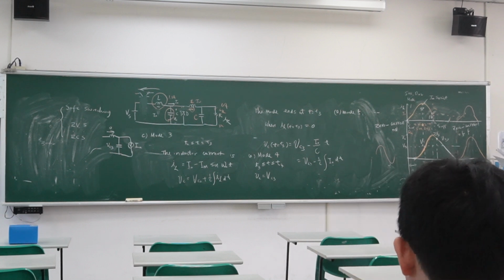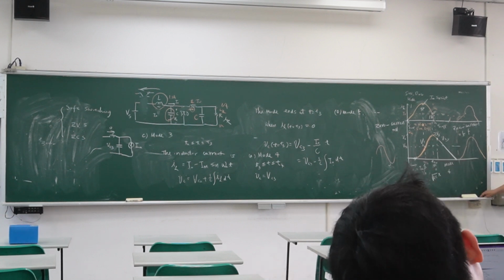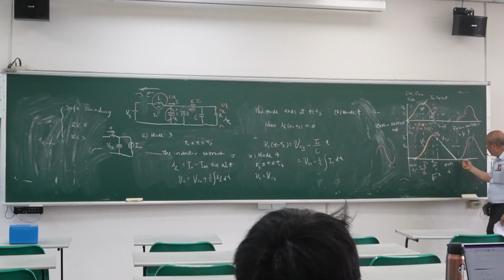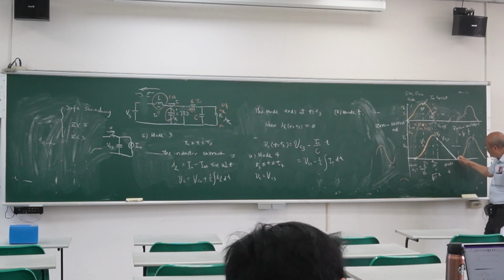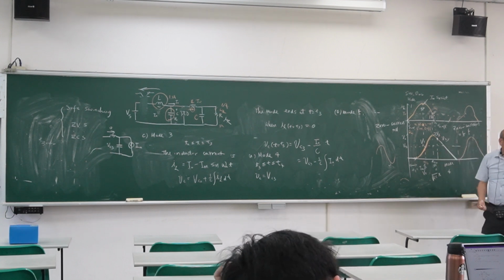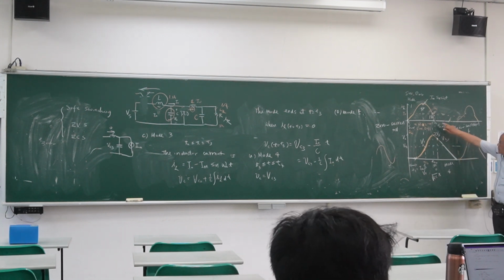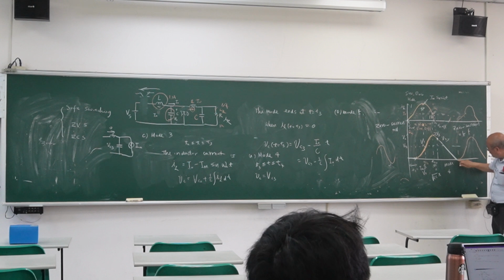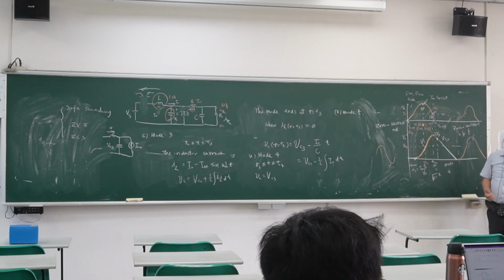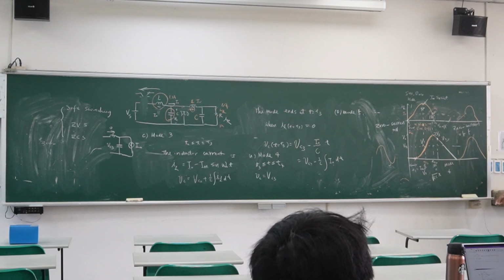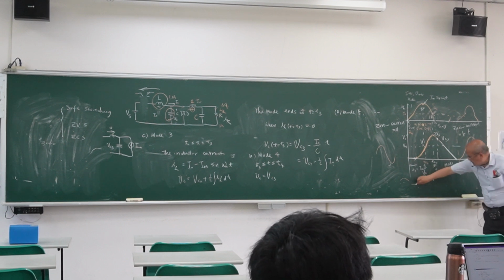So what is the necessary condition? Can you turn on the switch before this cycle? No. We have to wait until the current is 0 and voltage is 0, then we can start again, right? So what does this mean?